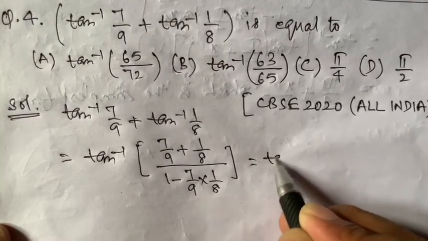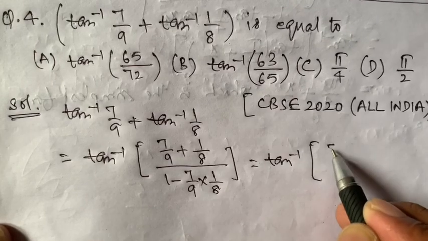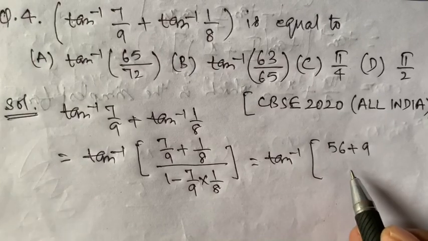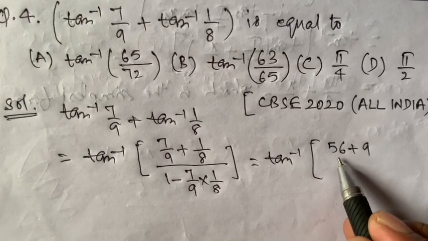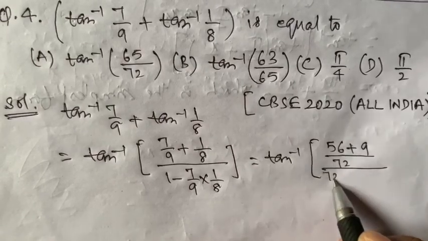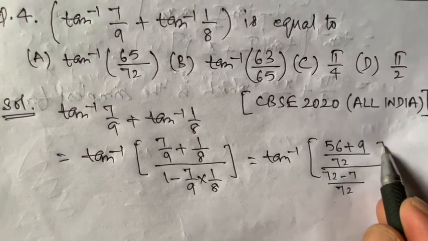So it is tan inverse of 56 plus 9 by 72 upon 72 minus 7 upon 72.